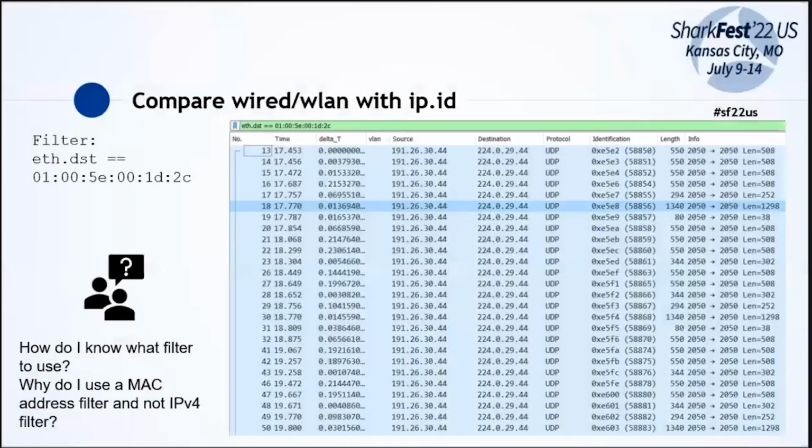IP ID. So here is a wired capture, just an example. I use a particular filter. You'll notice I use a MAC filter. I use a MAC filter when I deal with wireless because I'm always using WPA and the IP address is hidden, it's encrypted. If I'm able to focus on MAC addresses on both captures, it just makes it easier for me.